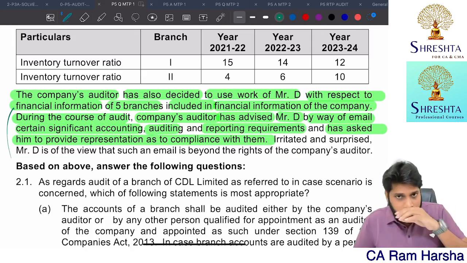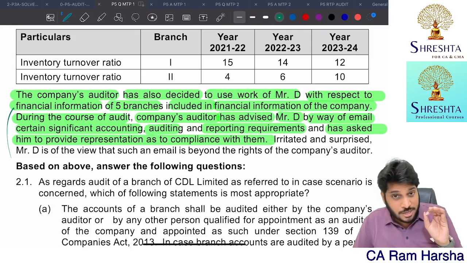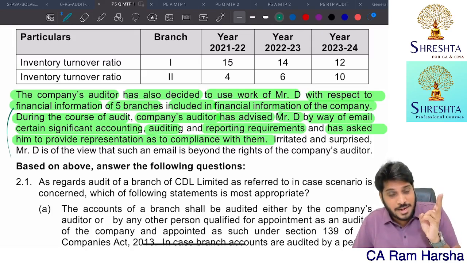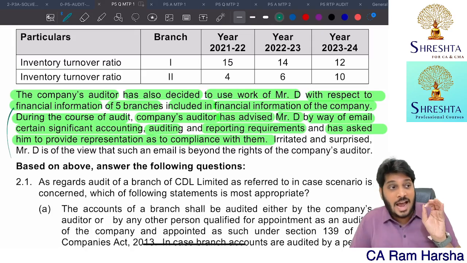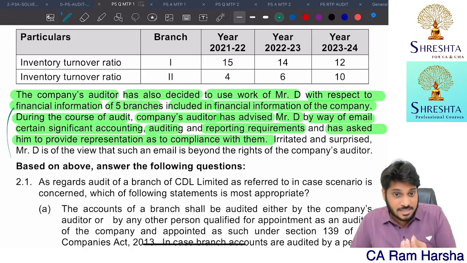Remember, we have seen in audit report chapter, branch audit discussion, there is a discussion, principal auditor's procedures. Principal auditor can advise the branch auditor regarding significant reporting requirements, significant aspects to be considered, significant areas to be focused, and the principal auditor can get a representation from the branch auditor whether he has complied with all the requirements requested by the principal auditor.